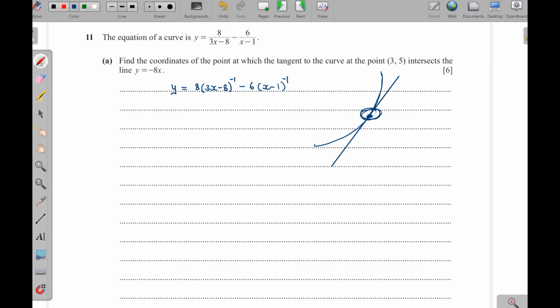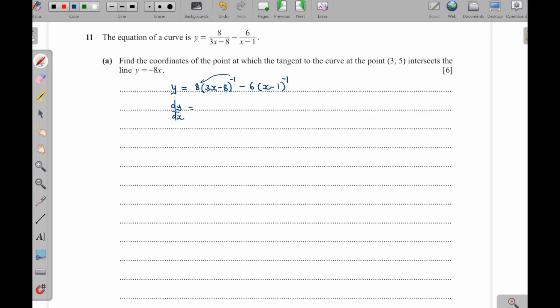You see that? So this simply implies that when you differentiate the equation of the curve, it gives you the gradient function, and that will be the gradient of the tangent. So what is our dy dx?